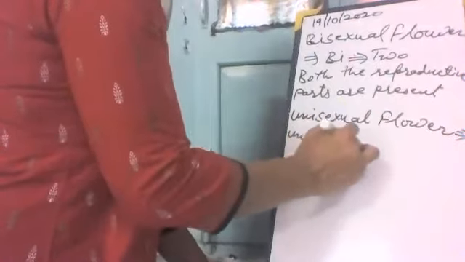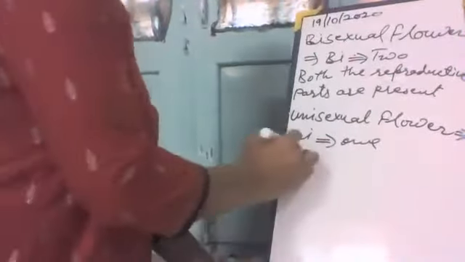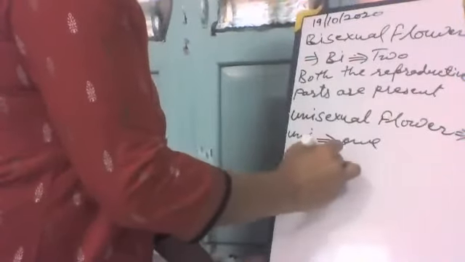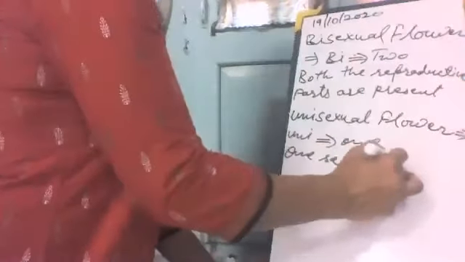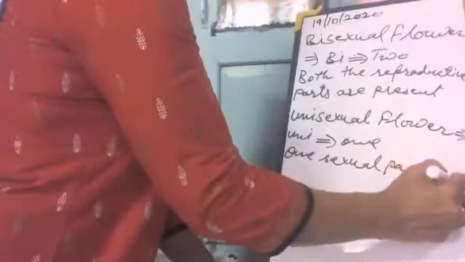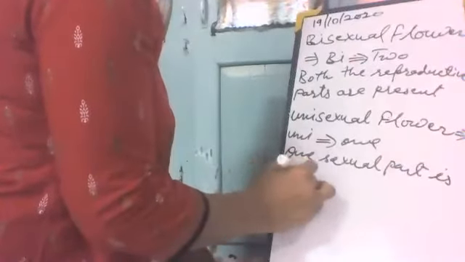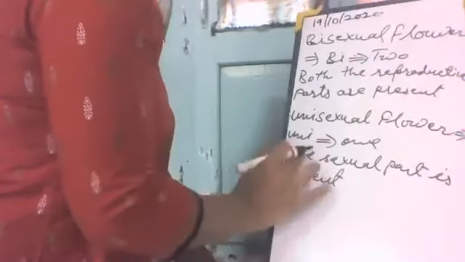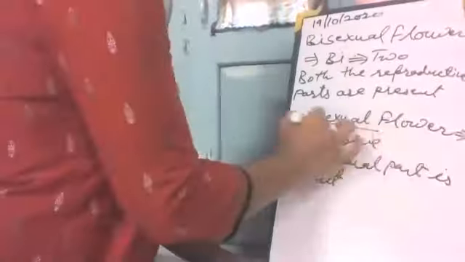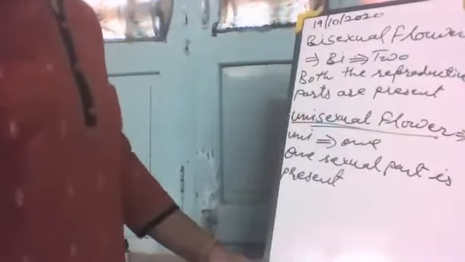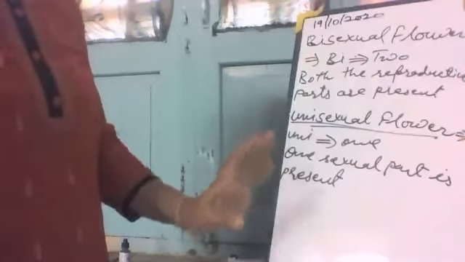Uni means one, meaning only one sexual part is present in some flowers, and that type of flower is known as a unisexual flower.